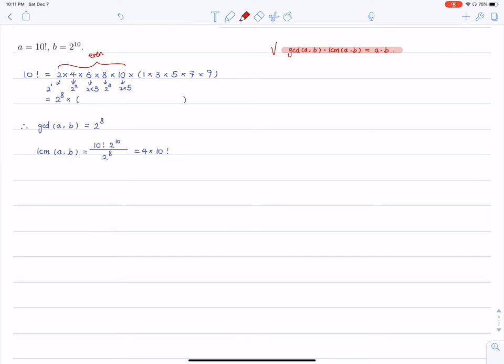You count the number of 2s you have here: 1, 2, 3, 4, 5, 8. So you know that 10 factorial is 2 to the power of 8 times a number that we don't care about, because we know that's not going to be a divisor of B. So the common divisor of A and B would be 2 to the power of 8.